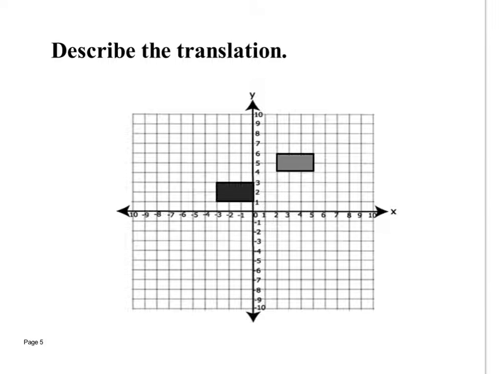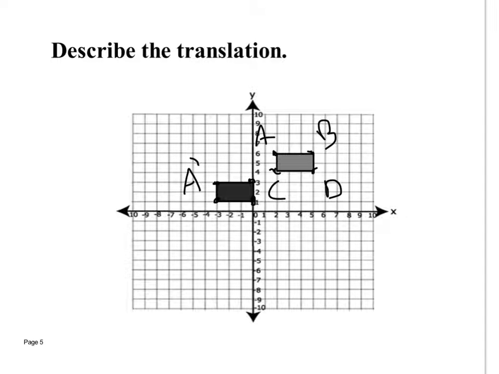So we need to describe the translation, but before I do that, I want to talk about points. On the original, they're going to name them A, B, C, and D. On the image, they're still going to be called A, B, C, and D, but so you know that it's the image coordinate and not the original coordinate, they call it A prime.